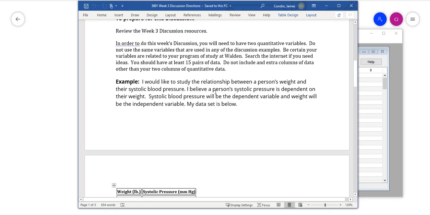So let's say that we believe that a person's systolic pressure depends on their weight. In other words, their weight influences what their pressure is going to be. So that would make the systolic pressure the dependent variable, and weight would be the independent variable. So you want to identify those in your study and your discussion.